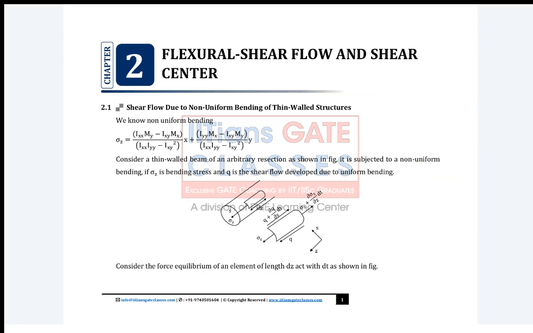Clear? Now guys, we already know the bending stress formula for unsymmetrical bending in case of a thin wall structure. It is sigma z equal to k1 x plus k2 y, and we know the k1 and k2 values, which you can see here. Once you know this, suppose your sigma z is varying.